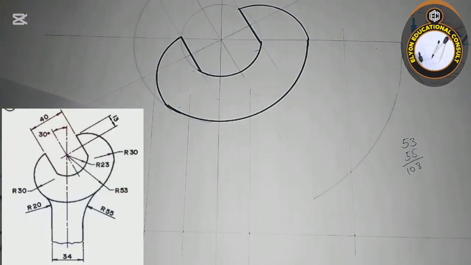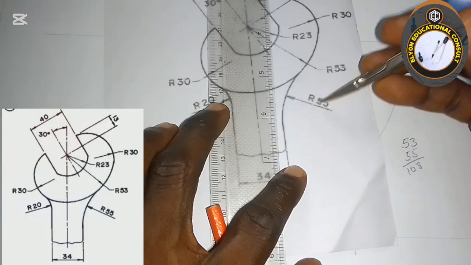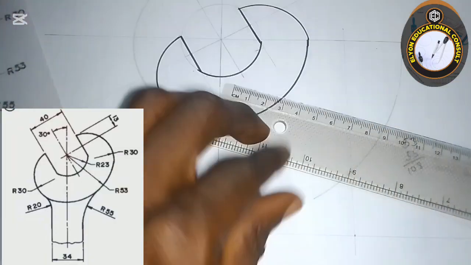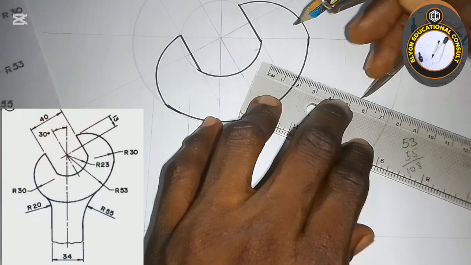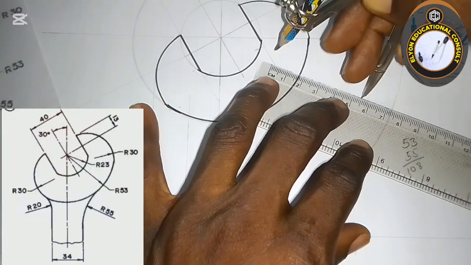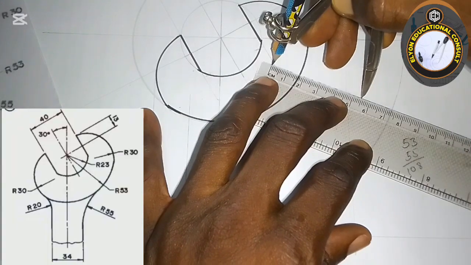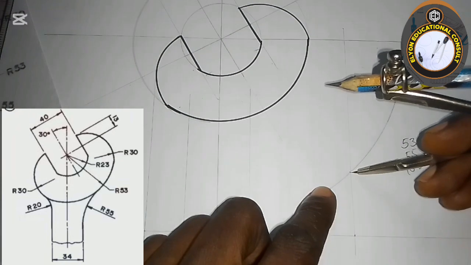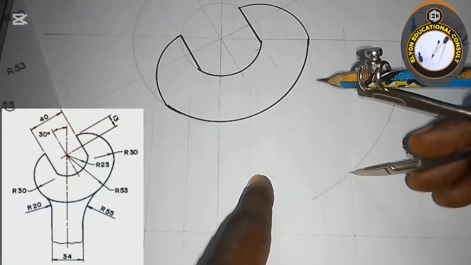So what I'm going to do, I will now reduce my compass length to this radius, 55. If our construction is correct, it's going to be holding the circle. It must hold the circle at this is 55. Now what I'm saying is that if our construction is correct, it's going to hold this circle and the vertical line.